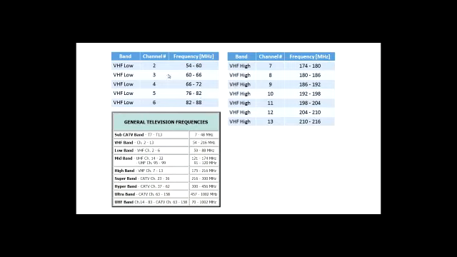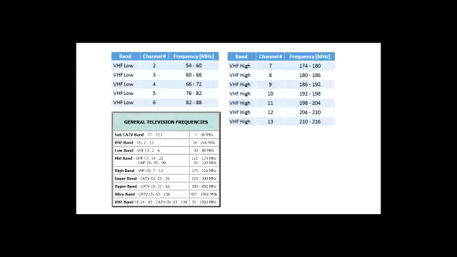This is the channel division for cable TV. I would hate to say it, but it's almost obsolete right now. However, the TV channels still exist. So that would be the frequencies that will be occupied by the TV channels. So channel 2 would occupy the bandwidth of between 54 and 60 megahertz. Right?